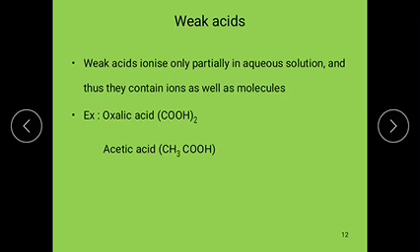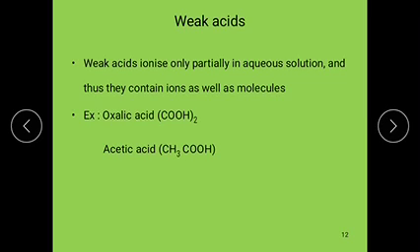Examples are hydrochloric acid, H2SO4, HNO3, etc. And also we have discussed strong acids and weak acids.